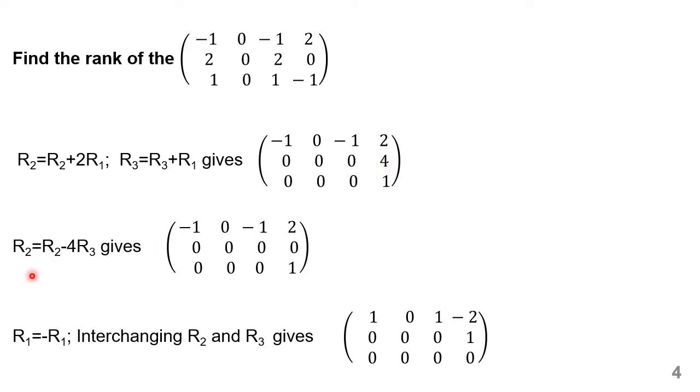Next, this element 4 needs to be made 0. That can be done by the row operation R2 equals R2 minus 4R3. That will give me the second row as 0, 0, 0, 0. Now, in order to make this positive, I have to multiply the first row by minus 1, so that I get the first row as 1, 0, 1, minus 2.